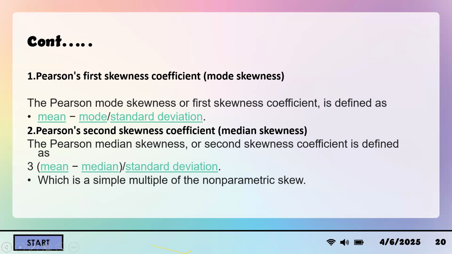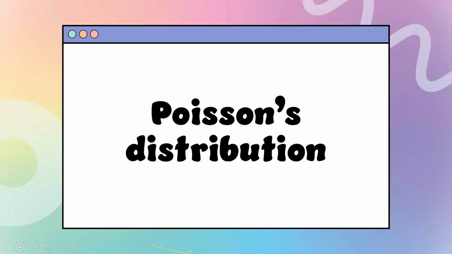So if we are dealing with simple skewed distributions, we can use Pearson's first or second skewness coefficient. Along with that, there are multiple other parameters available for the skewed distribution, which are rather difficult for us to understand at this stage.